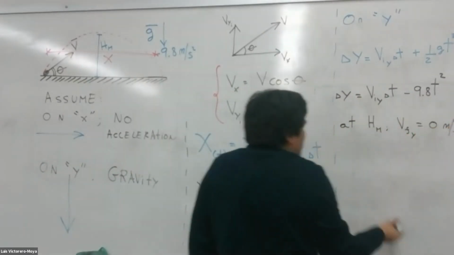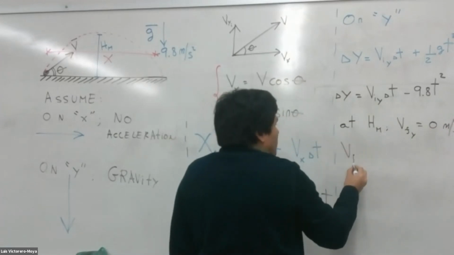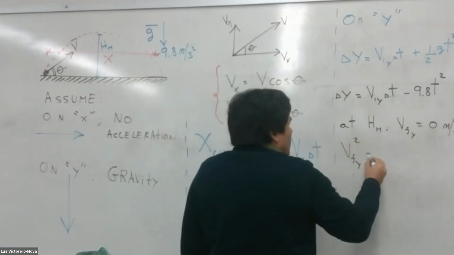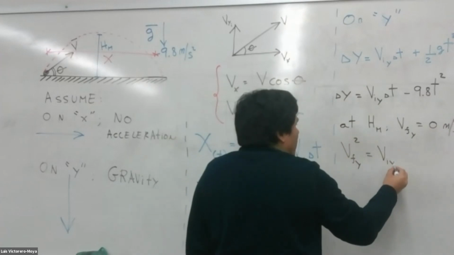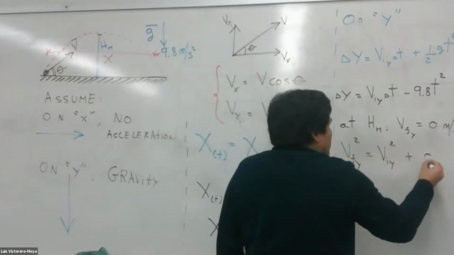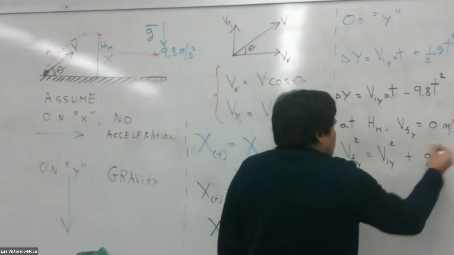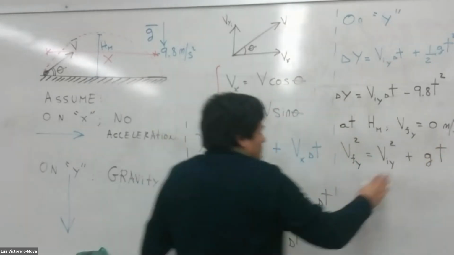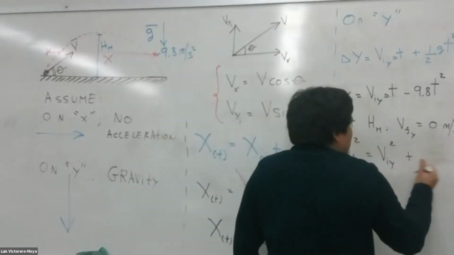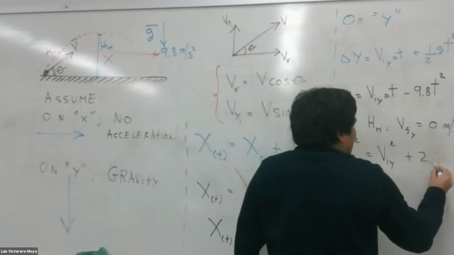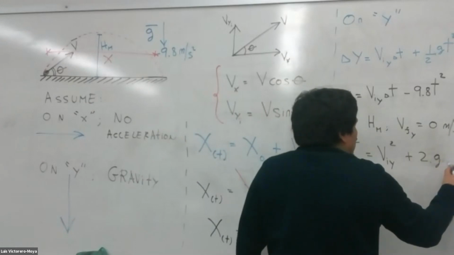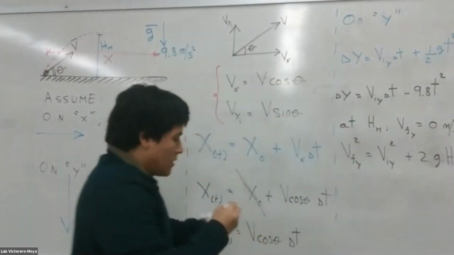So then I use this equation: V final on y squared equals V initial on y squared plus 2 times gravity times delta y, which will now be H max.